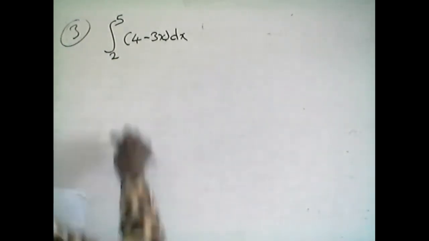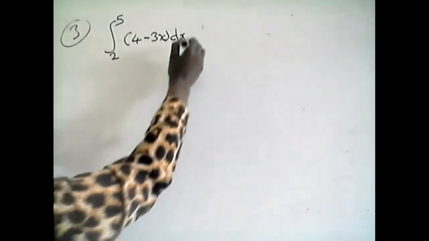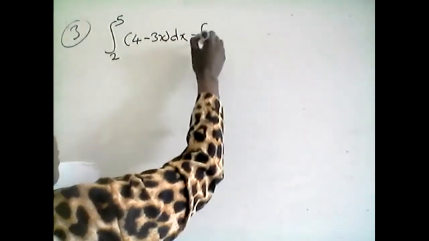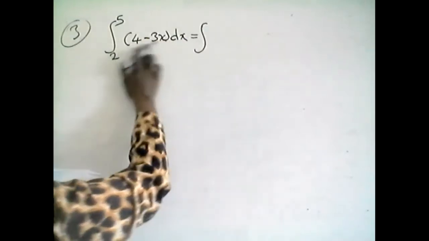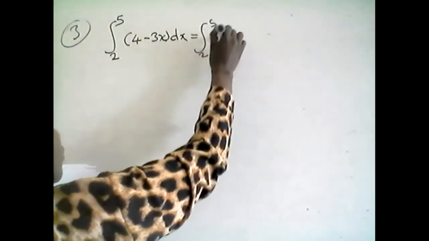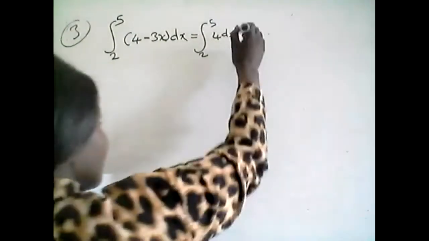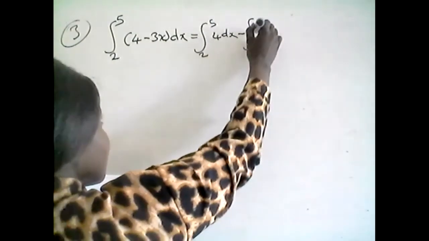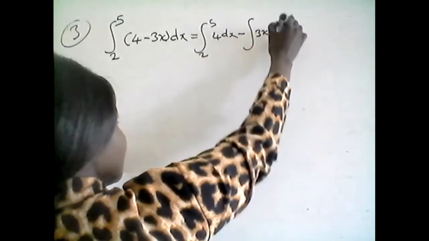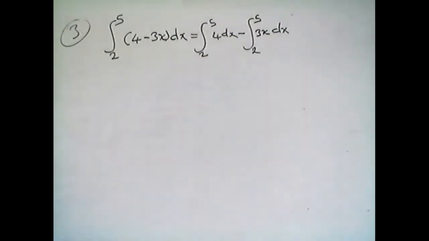Okay, so the integral of this is the same, using the linearity property. Just say the integral of 4 dx from 2 to 5, minus the integral of 3x dx from 2 to 5, where our lower bound is 2 and our upper bound is 5.